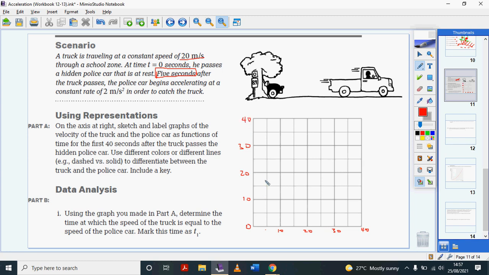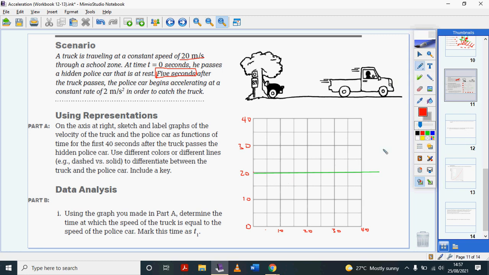So the truck is moving at a constant 20 meters per second velocity. Yeah, that's the truck.